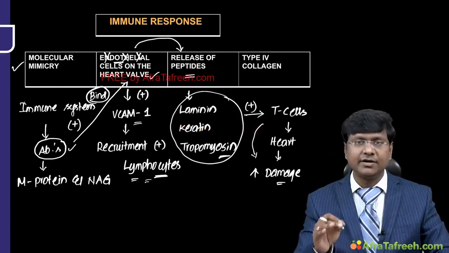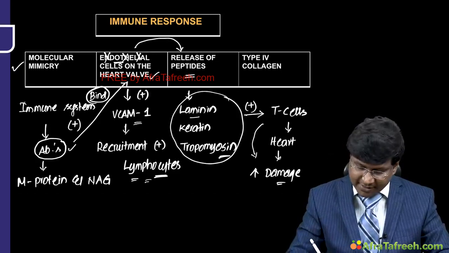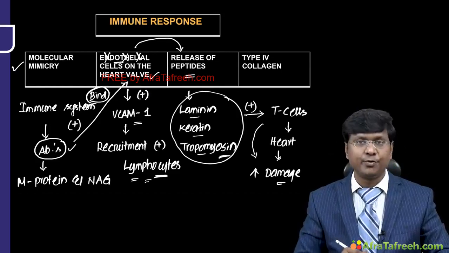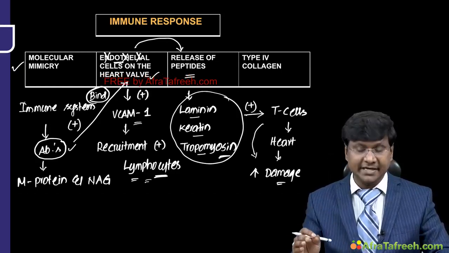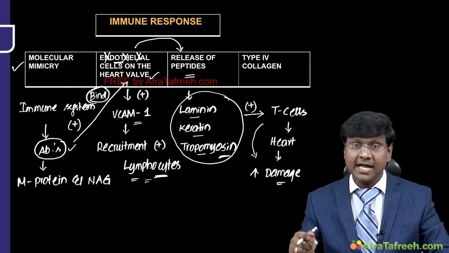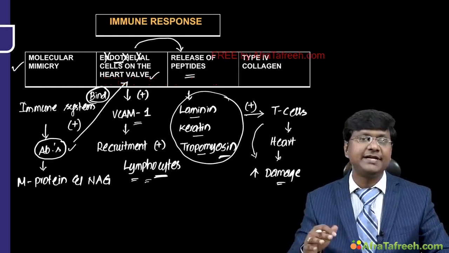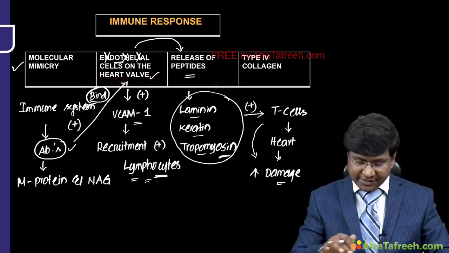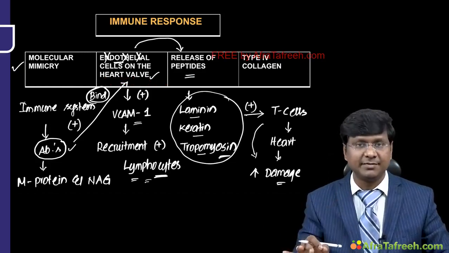This damaged endothelial cells release the peptides laminin, keratin, and tropomyosin. These released peptides activate the T cells, and activated T cells invade the heart and amplify the damage of the heart. So this is your immune response based on molecular mimicry.